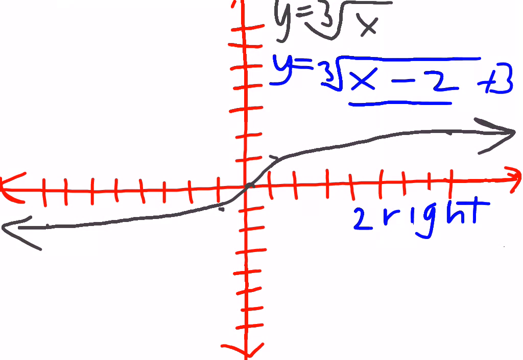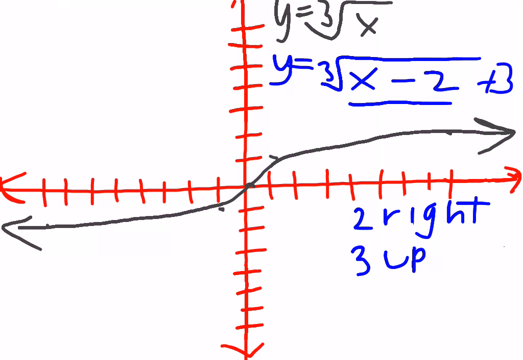And I'm going to be moving my inflection point 3 up, because I have a plus 3 there, and that's positive. By the way, what I'm doing right now is number 7 in your Unit 5, Day 5 packet. I'm just graphing that function.